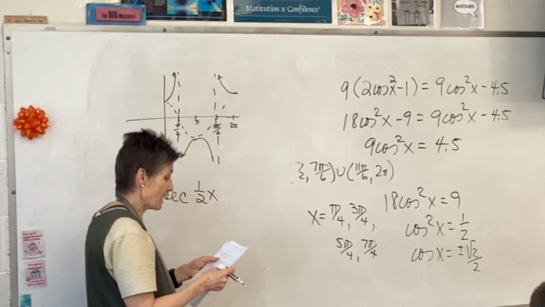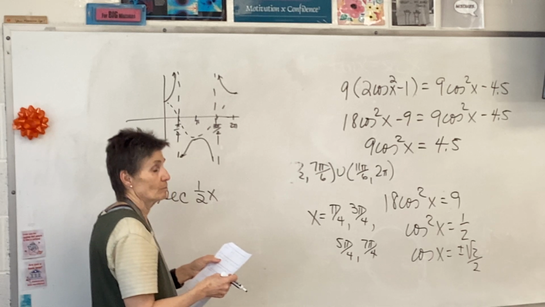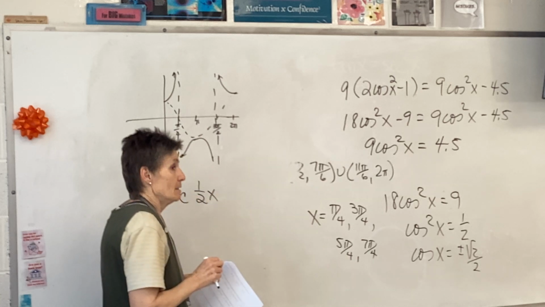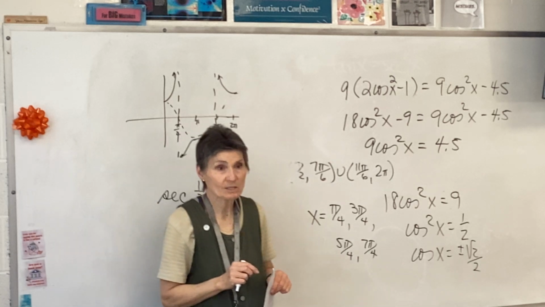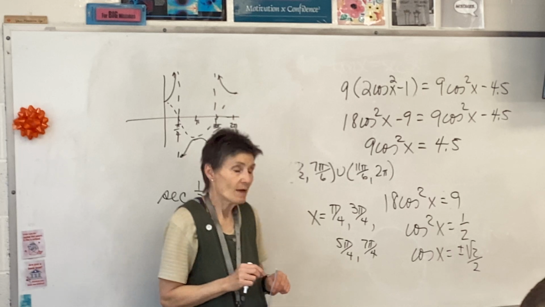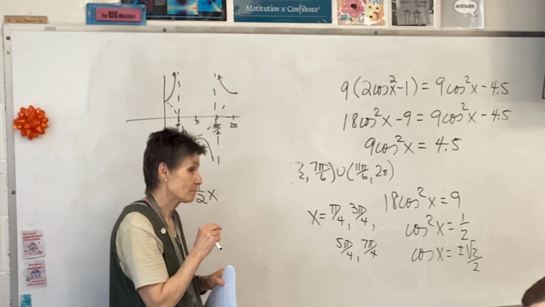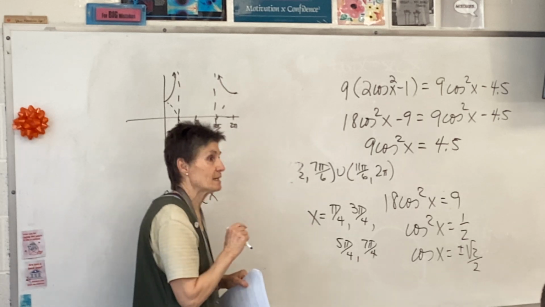Which of the following has a vertical asymptote at pi over 2? Now, if there's a vertical asymptote at pi over 2, then that means it's undefined there. Okay? So let's look at cosecant.